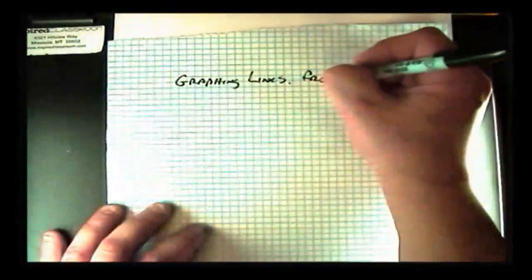All right, so we're going to talk about graphing some lines. Lines are important, one of my favorite topics in mathematics. So we have a few different forms. We're going to be talking about graphing lines from equations.